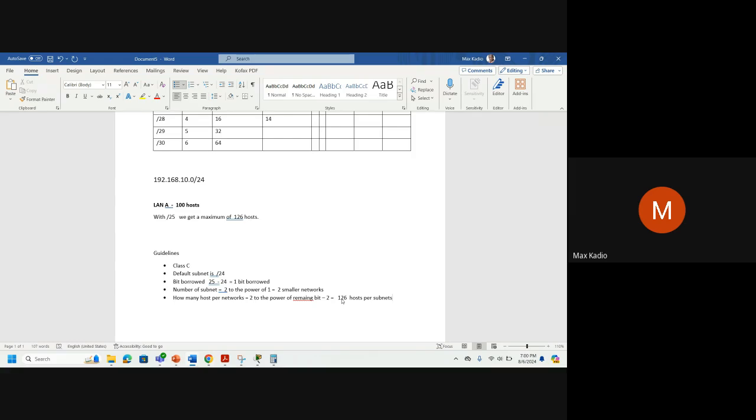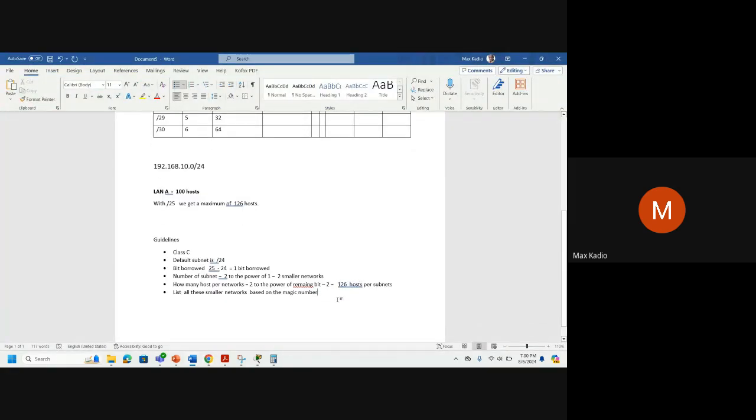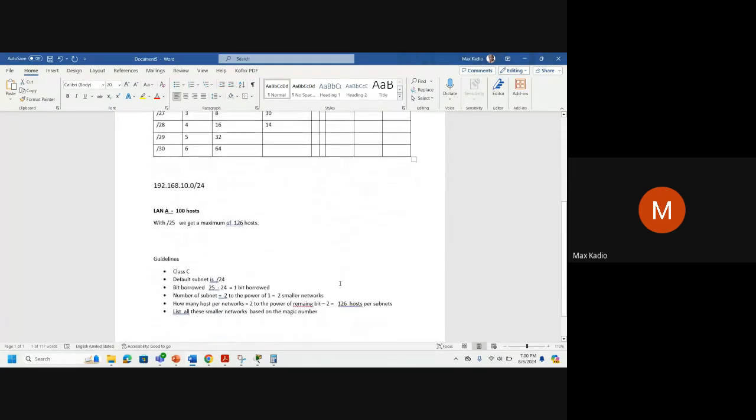Now, if you need to list all these smaller networks based on the magic number: if I borrowed only one bit here, the magic number is 128.